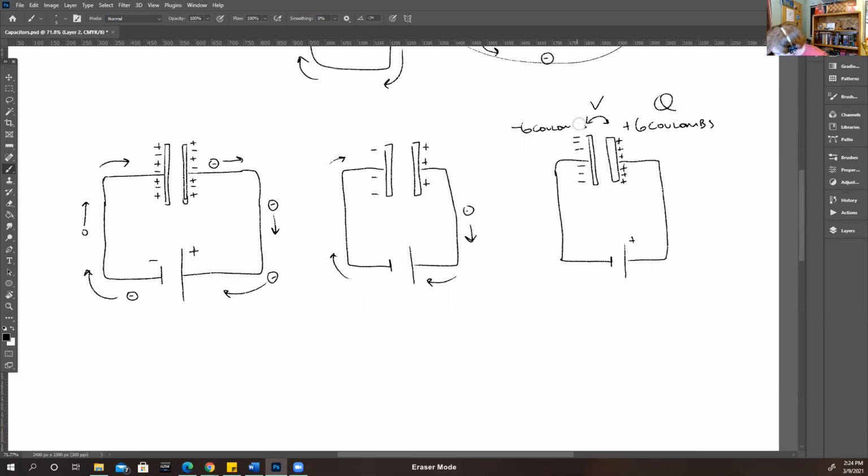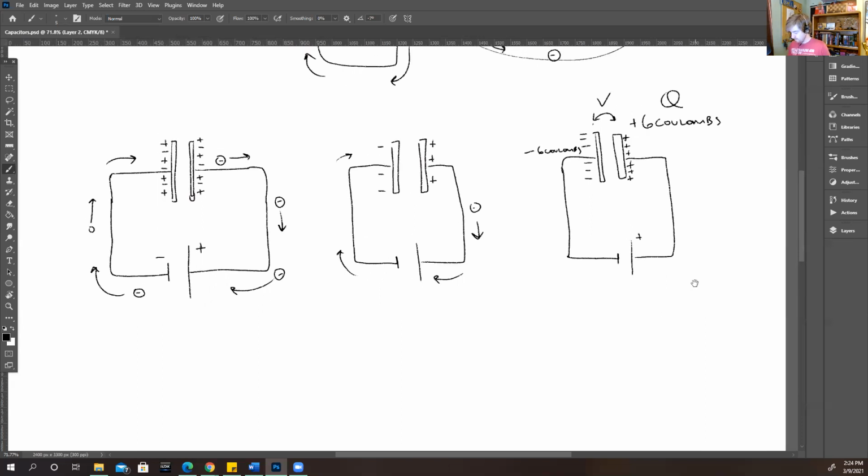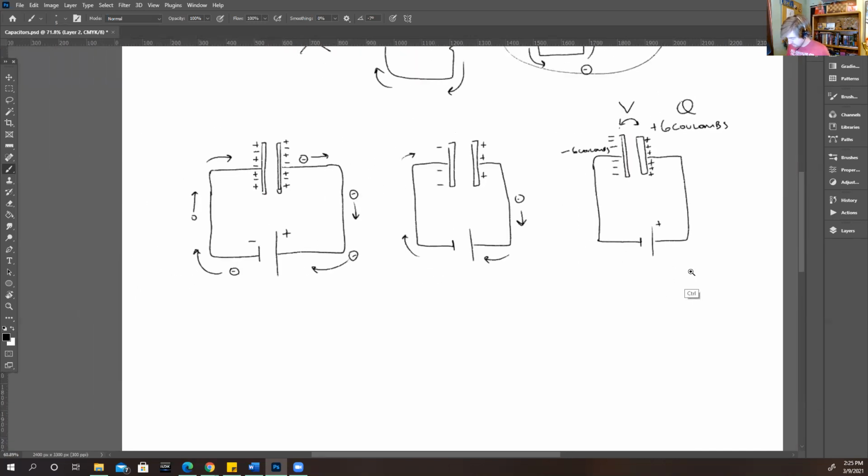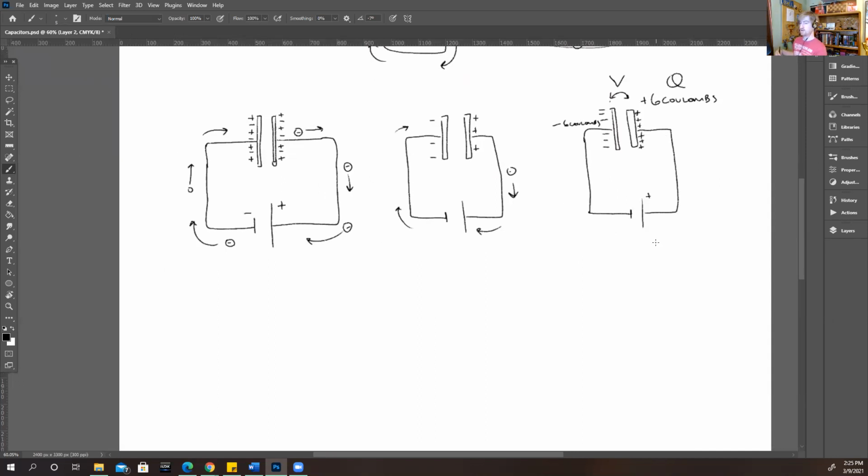Let me put this over here, -6. And it is a combination of the potential difference and how much charge could fit on a plate that determines a capacitor's capacitance, C.